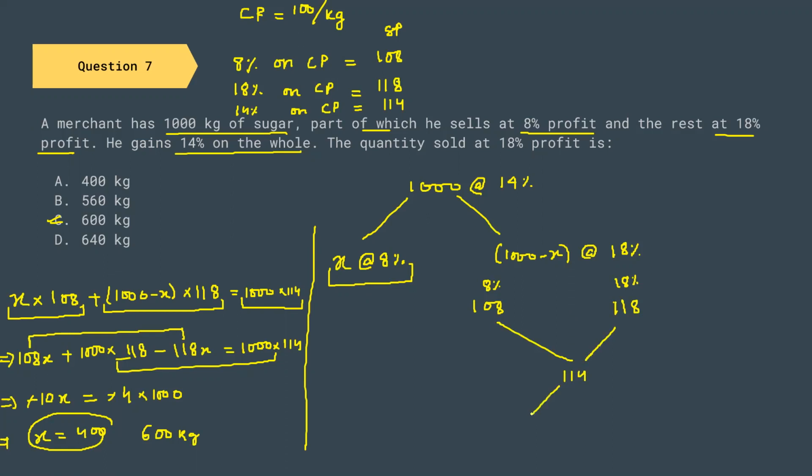So what should be our ratio? This will give us 4, and this is going to give us 6.